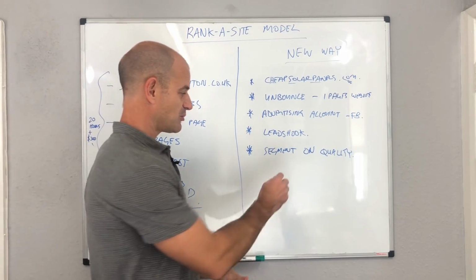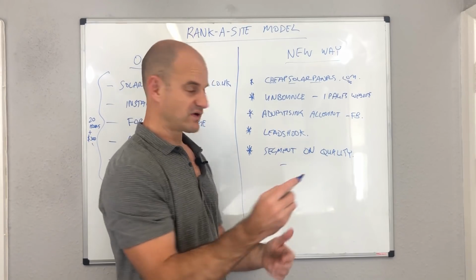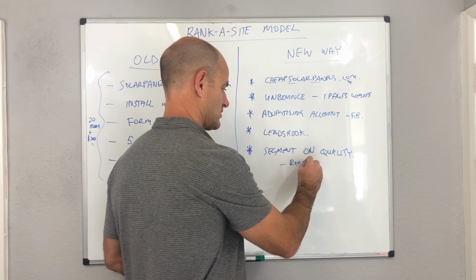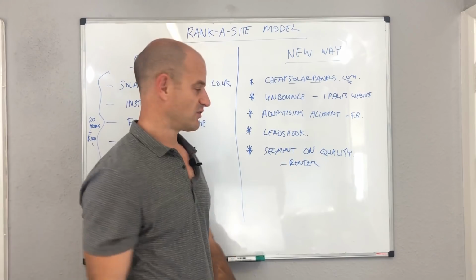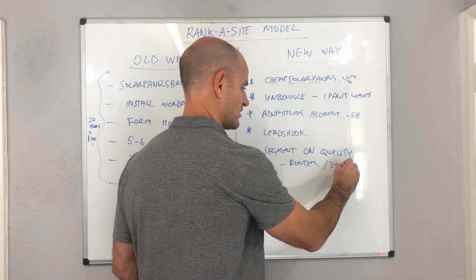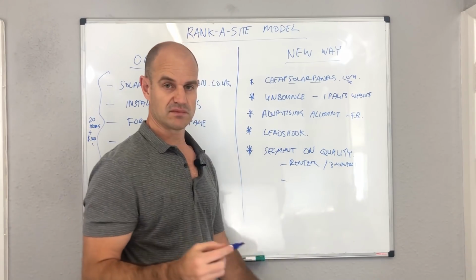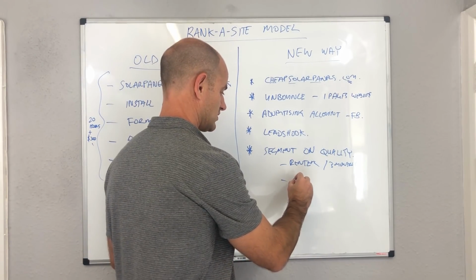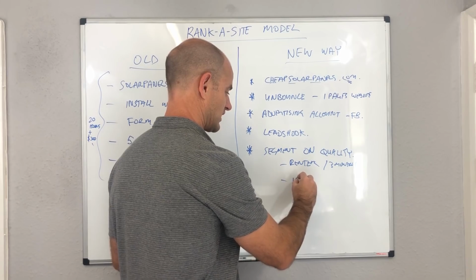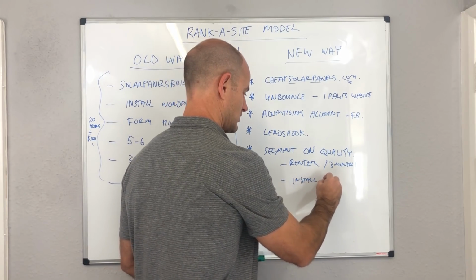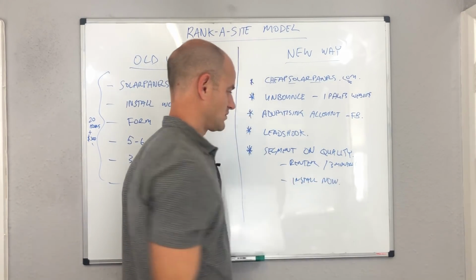So an example of that is, the renter in 3 months is a completely different lead to someone that's ready to install panels now. Install now. Okay.